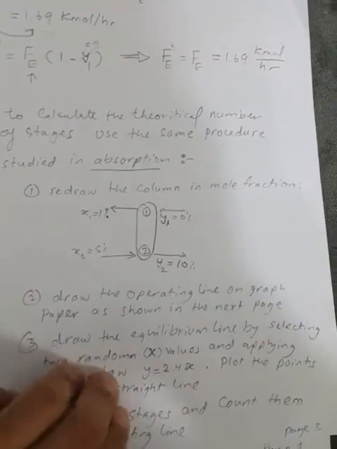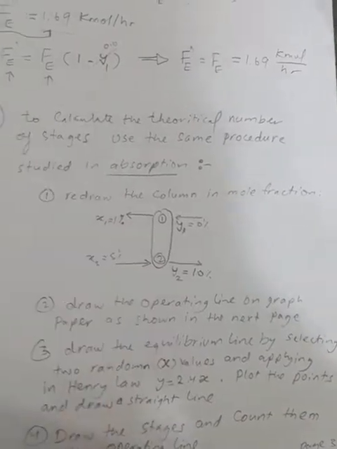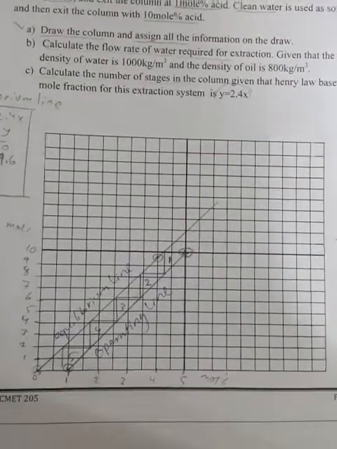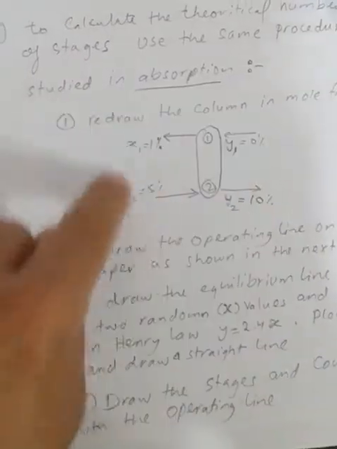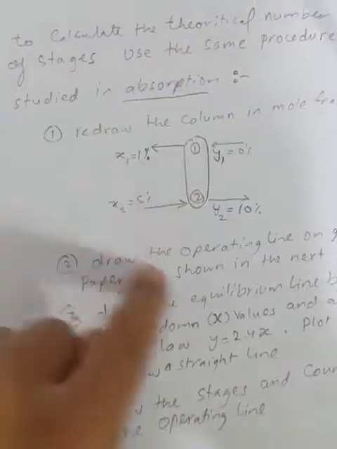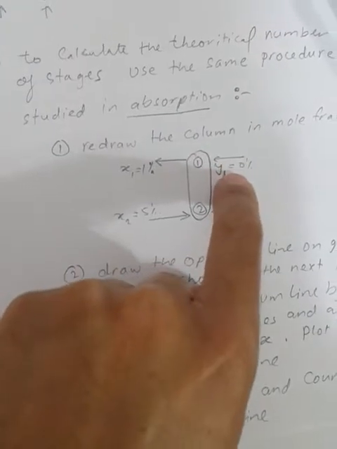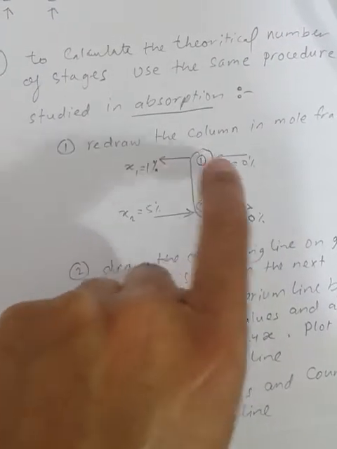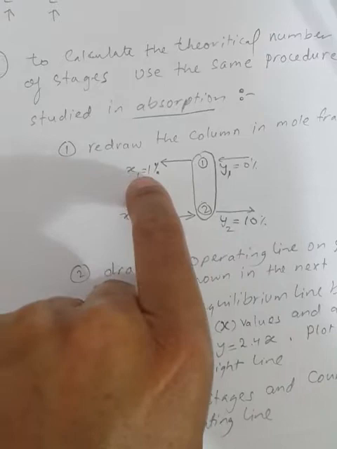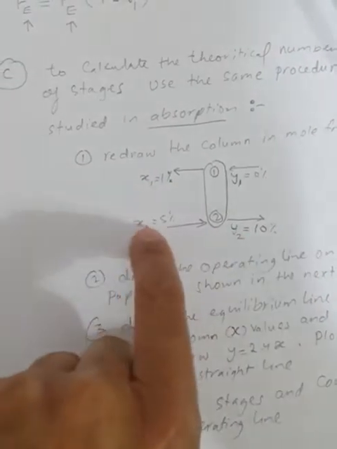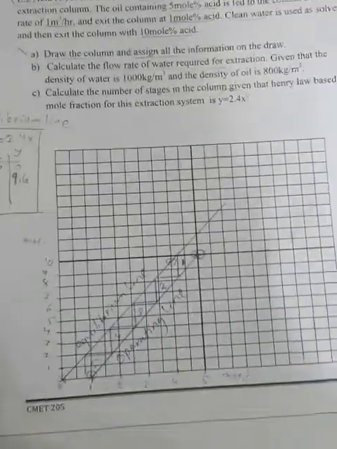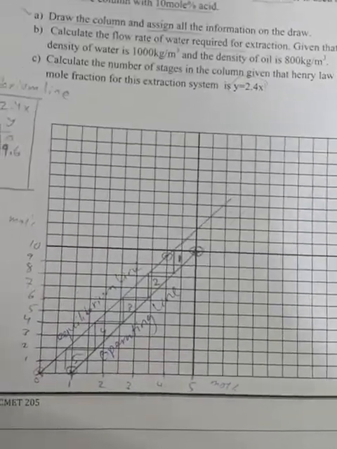The first step is we draw our XY diagram according to the operating line, or according to what was in the drawing of the column. So the first point will be 0 and 0.01. So we plot 0 against 0.01 and we plot 0.1 against 0.05 as shown in the graph.